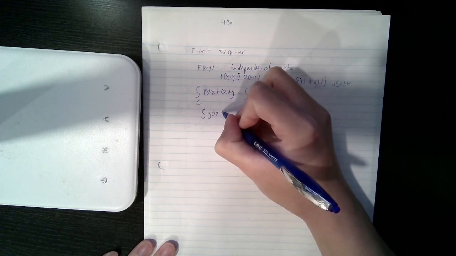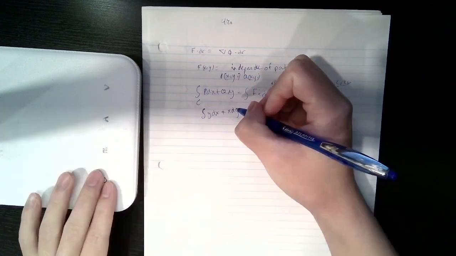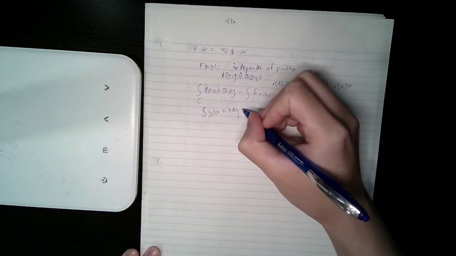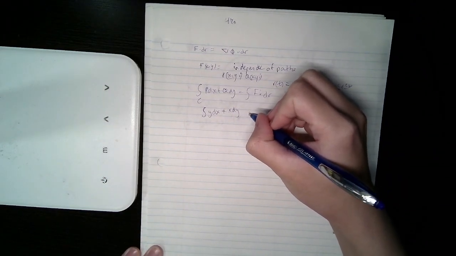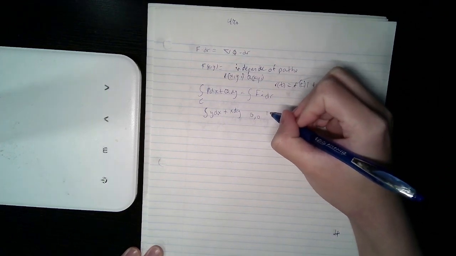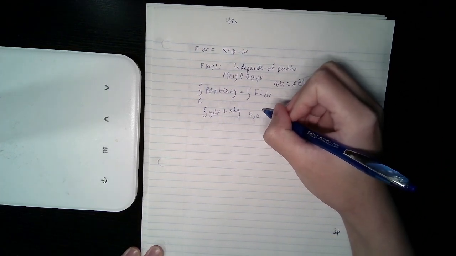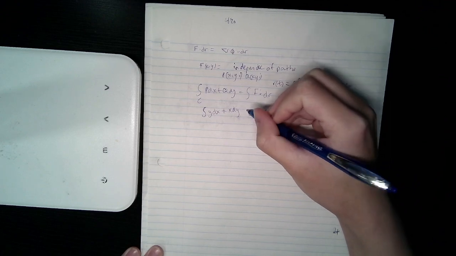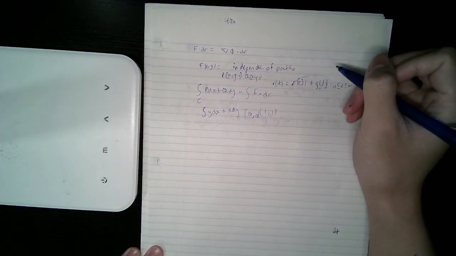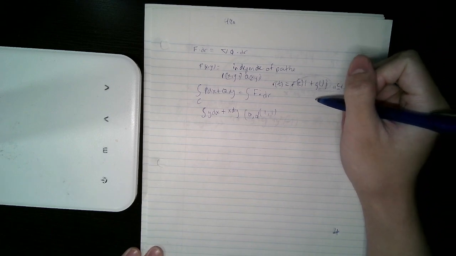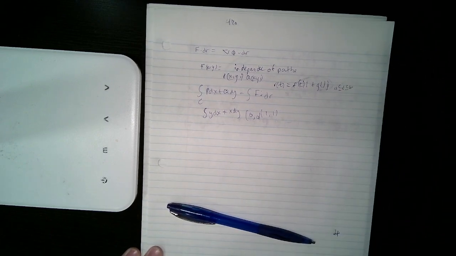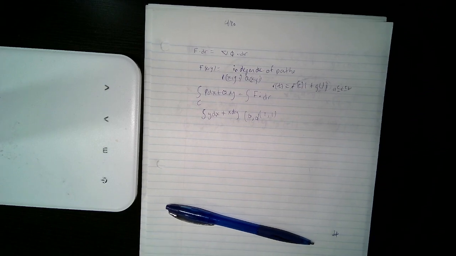So now we look at our path independence and the integral of y dx plus x dy between (0,0) and (1,1). So you may recall, you're supposed to recall that that's equal to that, and you're supposed to verify that they all equal 1.